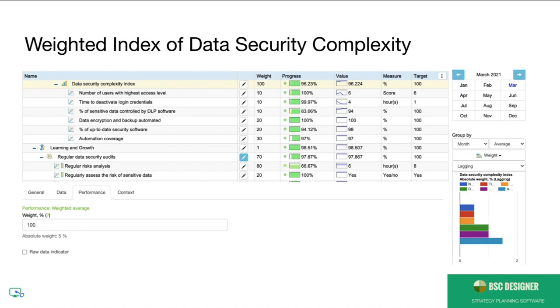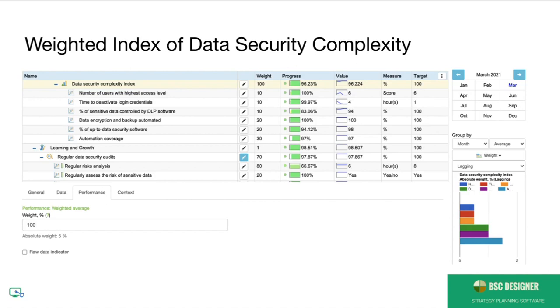Reducing the number of users with access to sensitive data will improve the overall performance of the index. 7% of data breaches are root caused by a malicious insider. For this reason, another indicator is time to deactivate login credentials. Another metric that forms this index is percent of up-to-date security software.